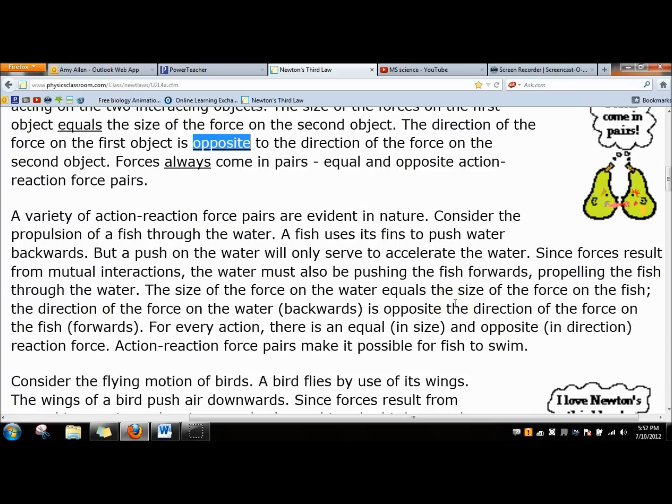The size of the force on the water equals the size of the force on the fish. The direction of the force on the water, which is backwards, is opposite the direction of the force on the fish, which is forward. For every action, there's an equal in size and opposite in direction reaction force. Action-reaction force pairs make it possible for a fish to swim.